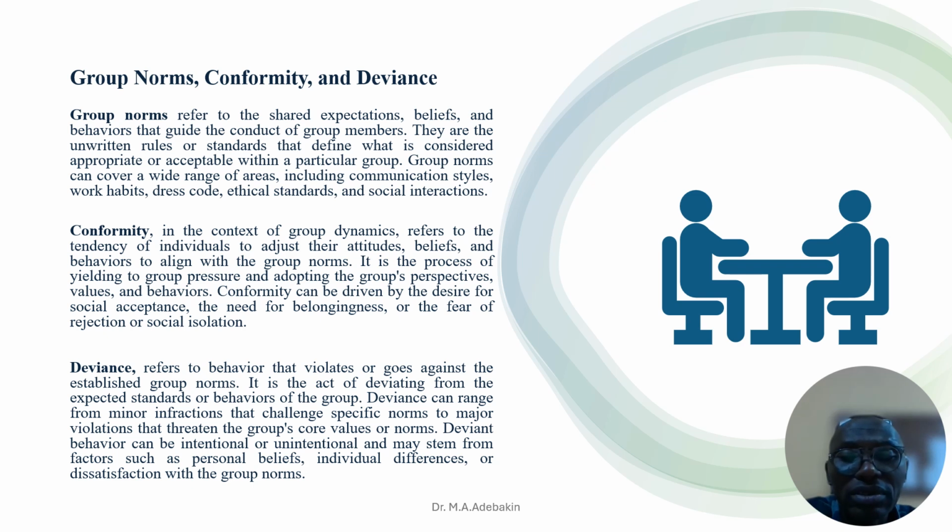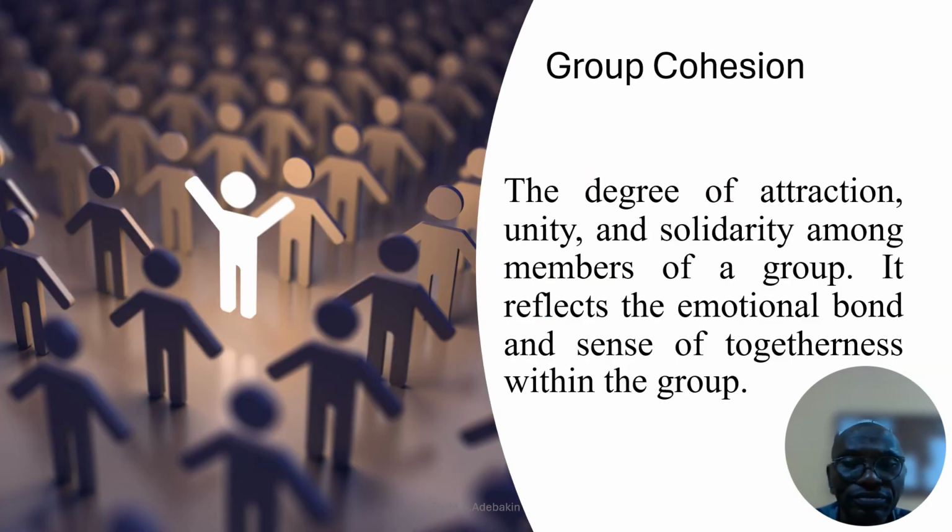In the group dynamic context, it refers to the tendency of individuals to adjust their beliefs, attitudes, and behaviors in order to align with the group norms. Whereas those who don't conform with the group norms are usually referred to as deviants. So deviance itself is a group concept which refers to behavior that violates or goes against the established group norms.